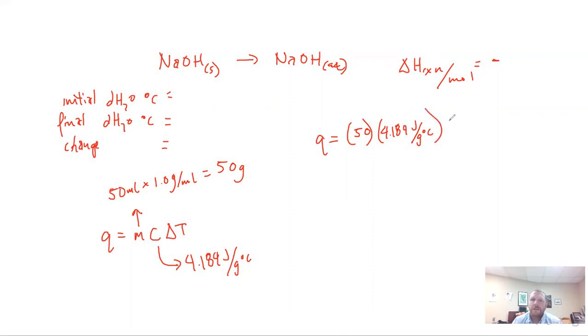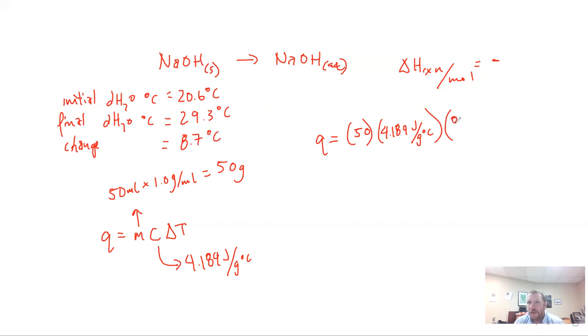The last is my temperature change. So that's where my initial temperature and my final temperature come into play. Let's say hypothetically that my initial temperature was 20.6 degrees Celsius and my final temperature was 29.3 degrees Celsius. Well, that means my 50 grams of water went up 8.7 degrees Celsius.